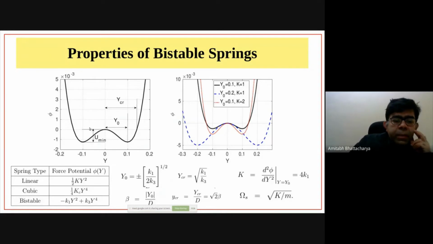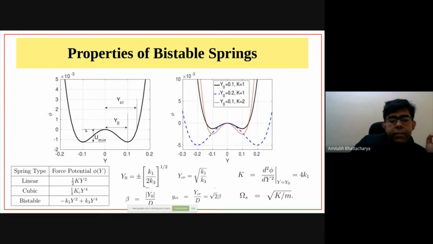So when you have a bistable spring, it will have two stable points. That means that my spring potential will have minima at these two stable points, and it will be unstable in the middle. So when the cylinder oscillates, you can say that it is going through some kind of snap-through action.